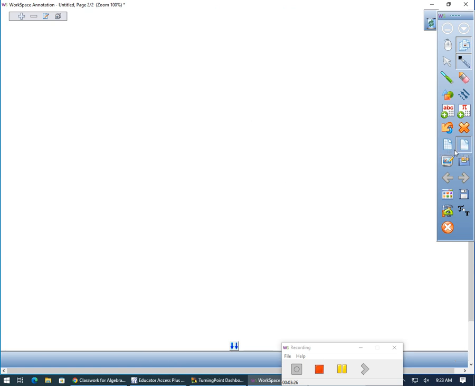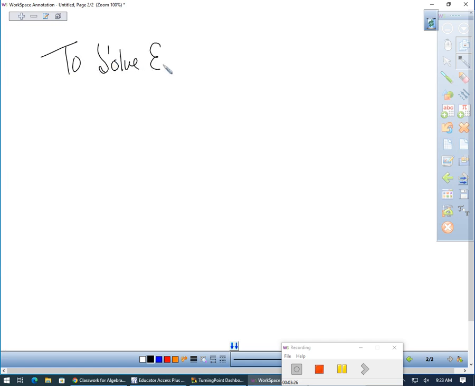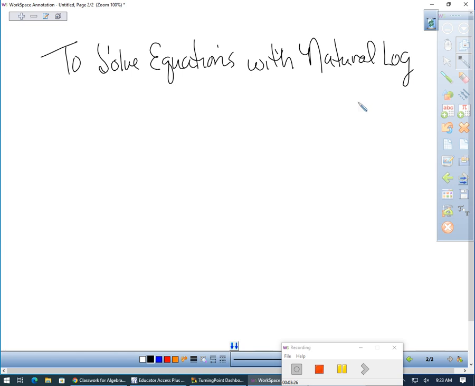All right, so moving on. Let's talk about solving equations that contain a natural log. All right, here's the steps I want you to think about. 1, I want you to isolate or get the natural log term by itself.